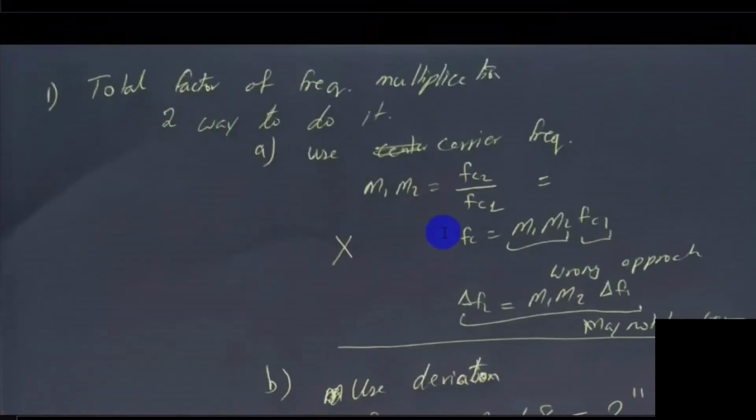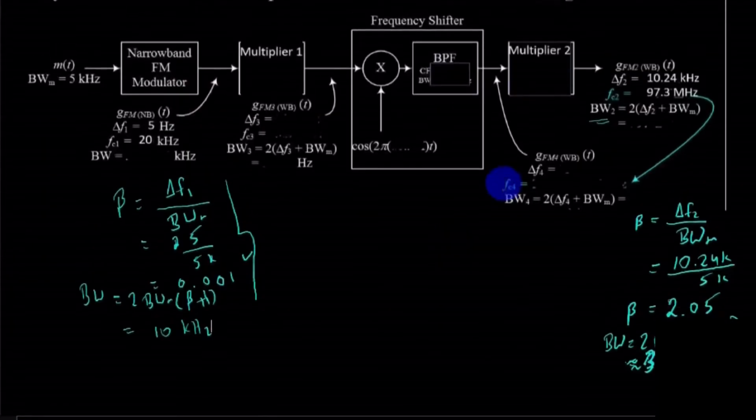In fact, what we do is we also have the frequency deviation. The frequency deviation at the output of wideband FM, we divide by the frequency deviation delta F1 at the output of narrowband FM. Once we divide that, we will find multipliers M1 and M2.